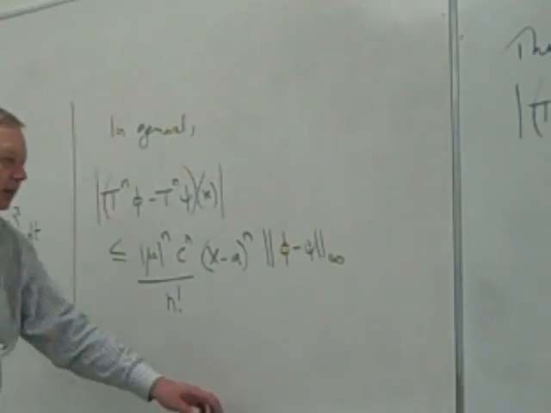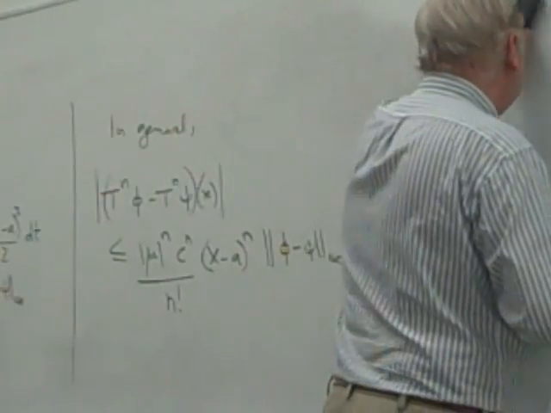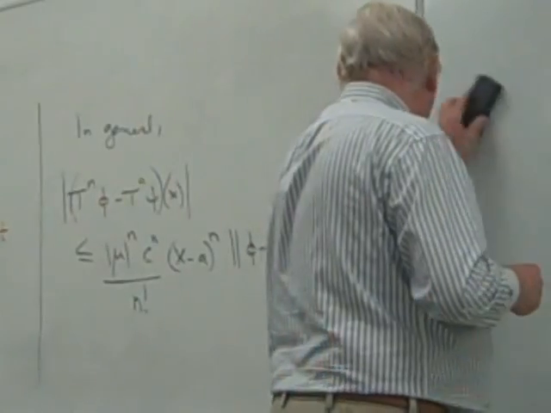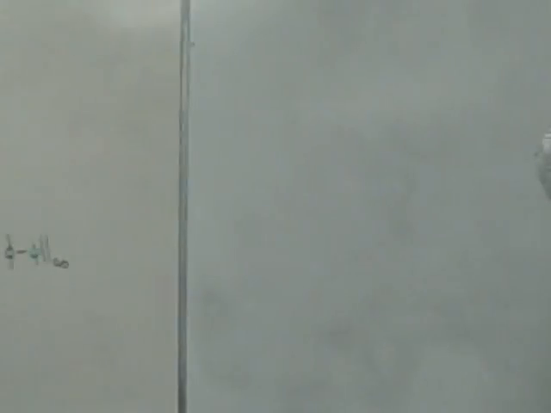So at this point, if you maximize over x, the maximum occurs when x is equal to b.